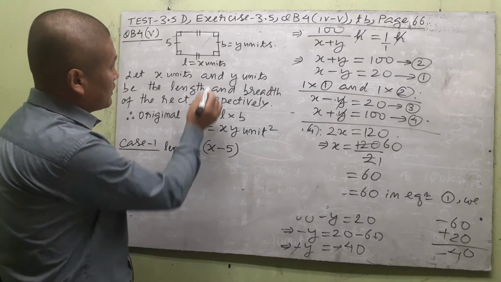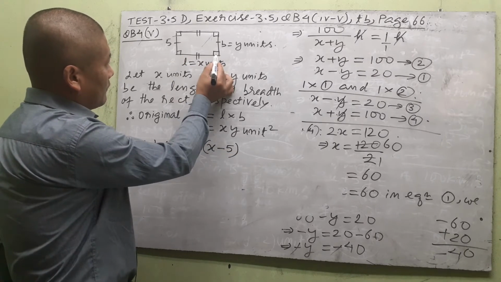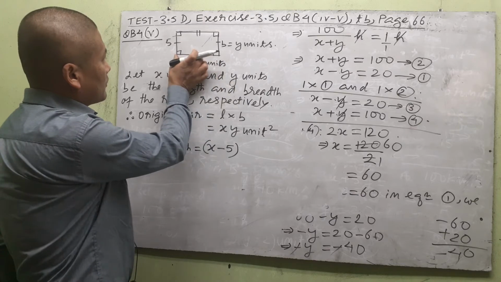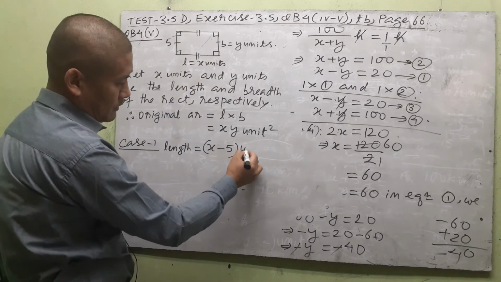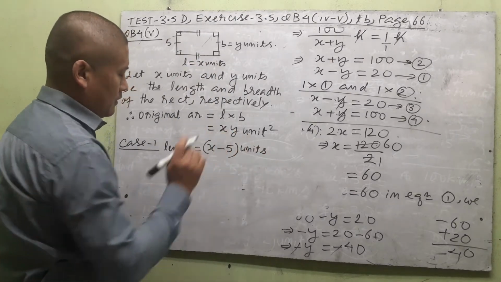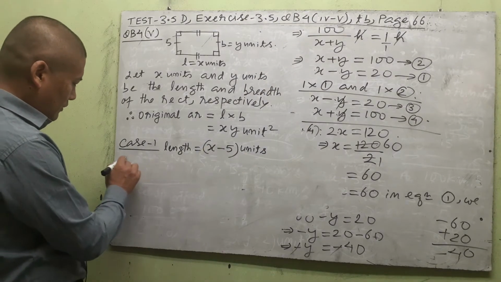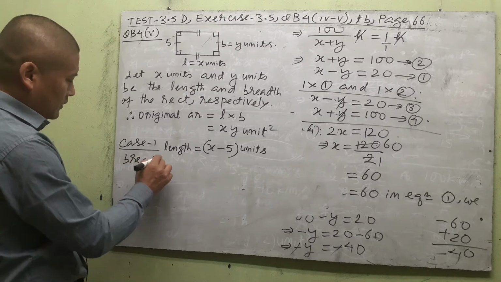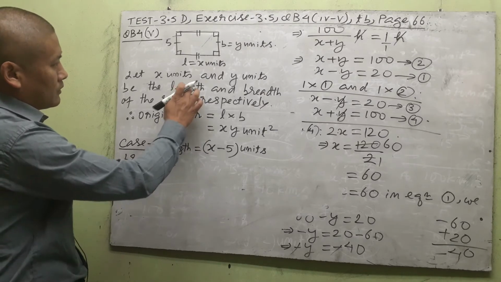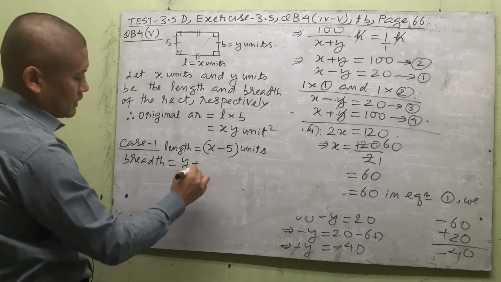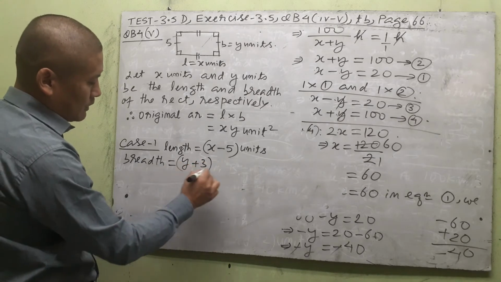If we reduce by 5 units, reduced means minus 5. This is the reduced length. And the breadth is increased. The original breadth was y, so increase means plus 3 units, so y plus 3.